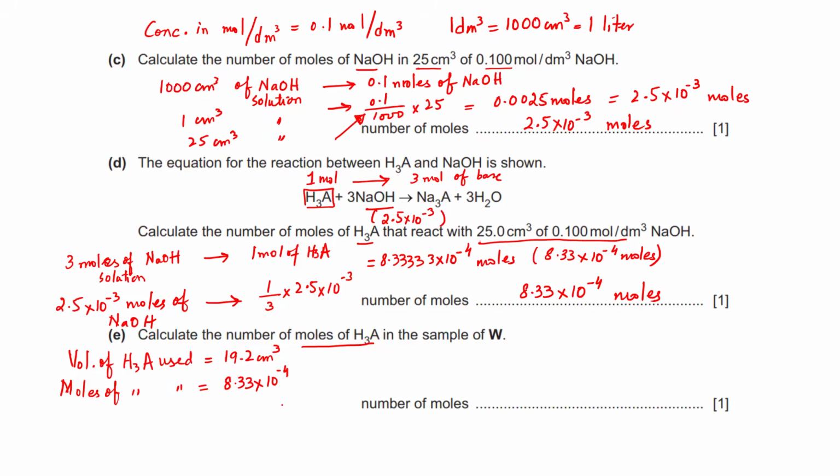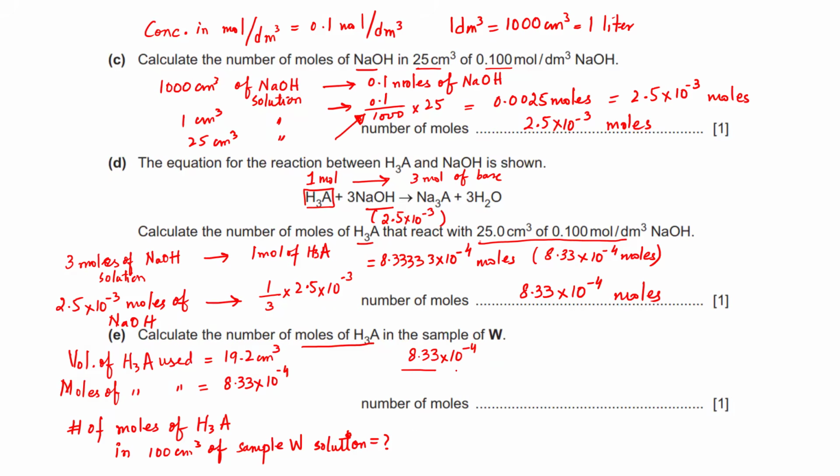And so the number of moles of H3A in 100 centimeter cube of sample W solution is what we have to find. So the total number of moles used is 8.33 times 10 to the power minus 4. Volume used is 19.2 centimeter cube.